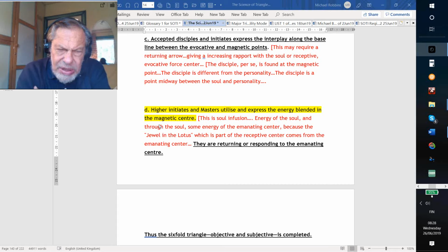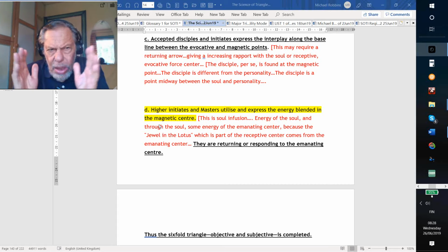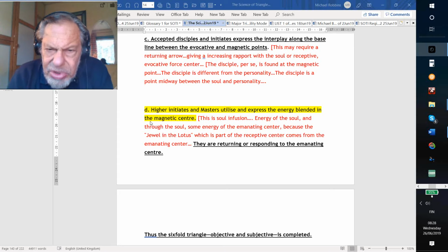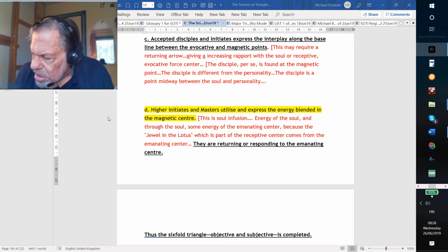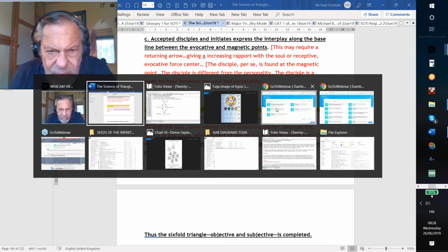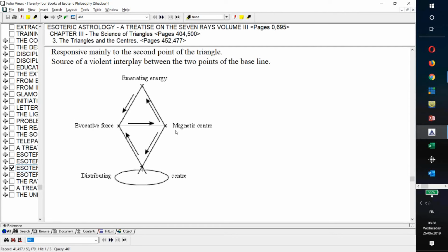And I would say that when you're an initiate of the third degree or of the fourth degree, you are definitely making a connection between this magnetic center and the emanating center.